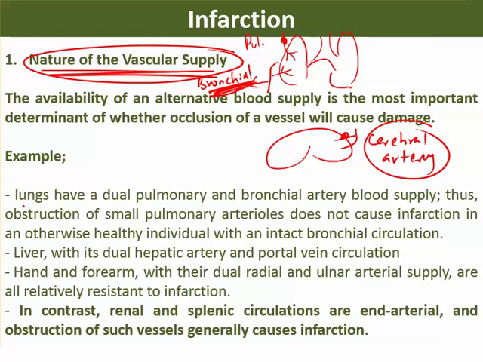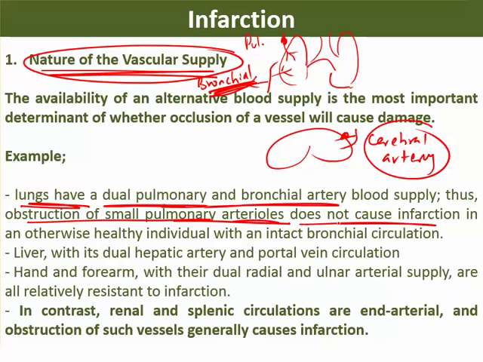So that's what I explained here. The lung has dual blood supply, pulmonary and bronchial artery. So obstruction of a small bronchial artery does not cause infarction, because they get blood supply from the bronchial circulation.